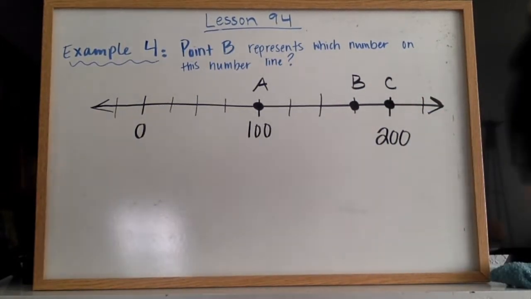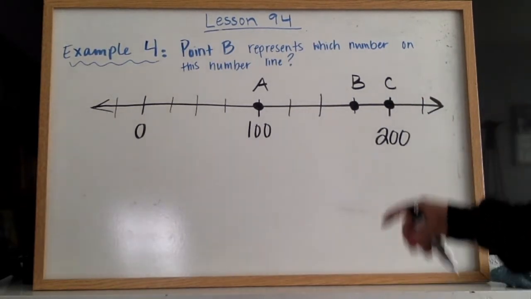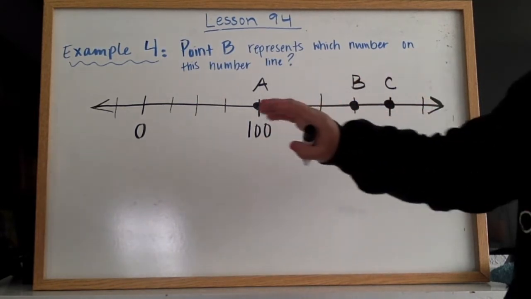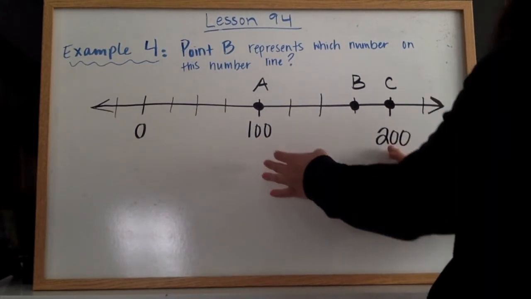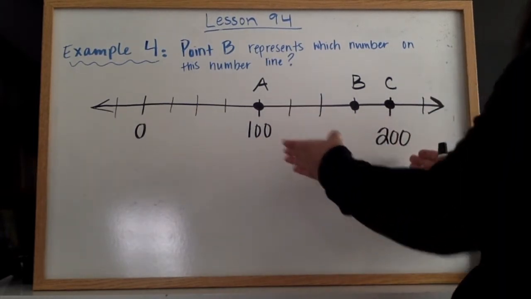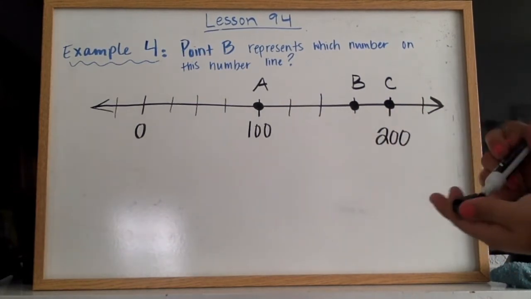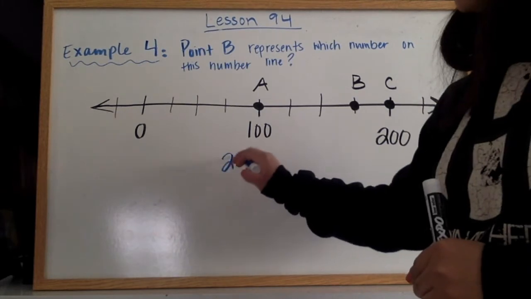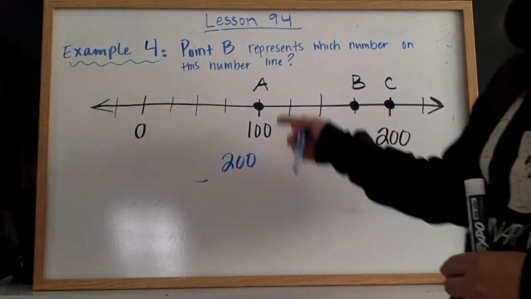So the only 2 points I am given right now is 100, 200, and then 0. So I'm going to deal with this 100 and 200 since that's where my A, B, and C are. So I'm going to take where this point is, which is 200, and I'm going to subtract with where A is.